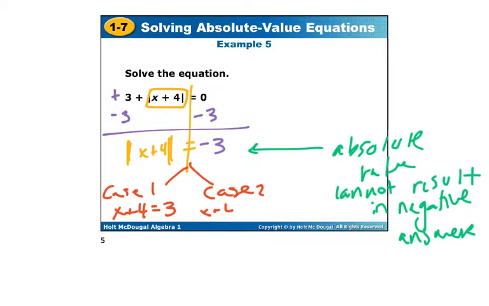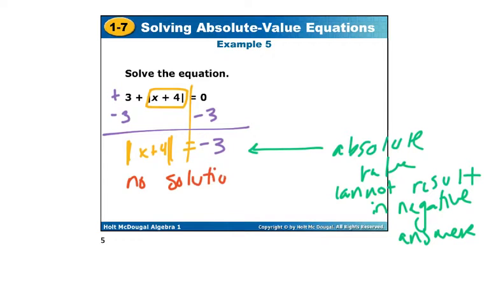So in that instance, we are going to say absolute values cannot result in a negative answer, and so we have no solutions. All right, and don't say 0, because of course 0 would be a number. We're going to have to say no solutions or not possible or whatever.